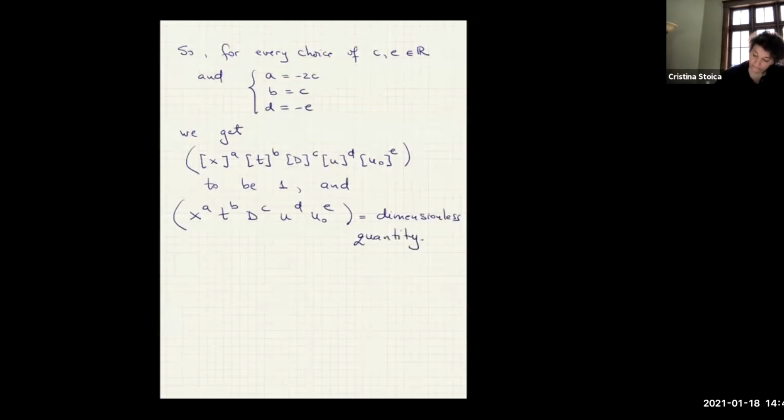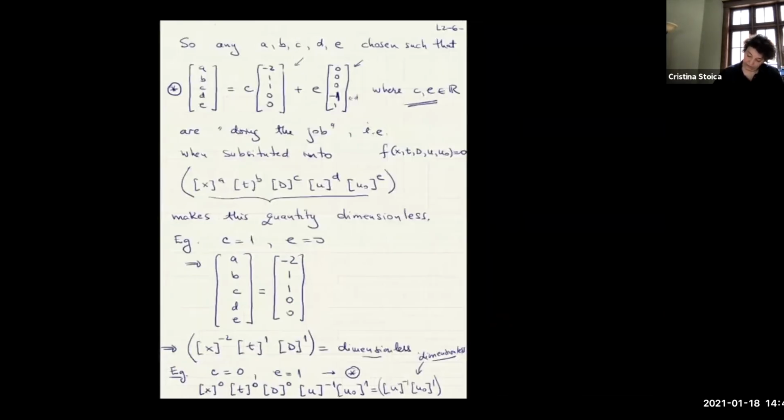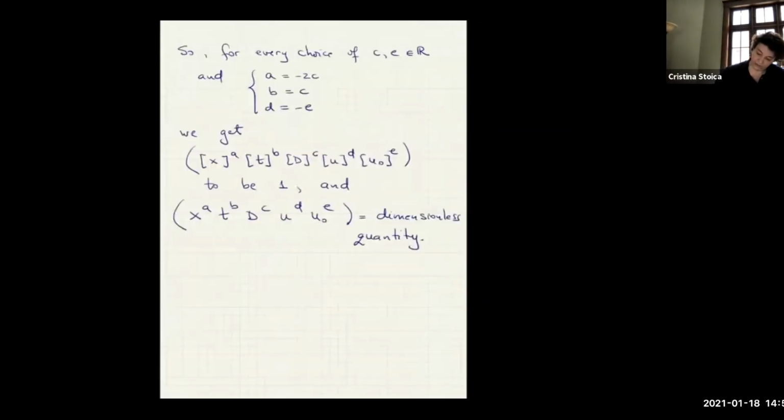Okay. So what did I write here? I didn't write that correctly. It's not dimensionless, this one, right? It's 1, because it's given by mass at 0, L at 0, time at 0. So that's what I meant. But this is correct. So this is a dimensionless quantity.